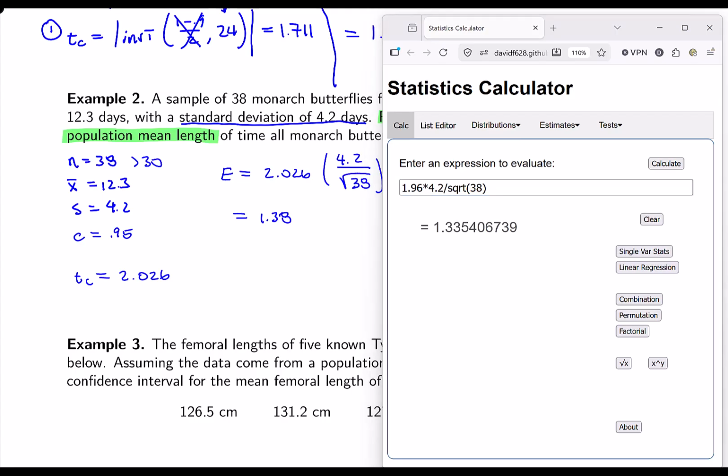This would round to slightly different values, but it's possible that if I was using a sample of 50 monarch butterflies, these wouldn't even round any differently. But there is always going to be a slightly wider interval using the t-distribution. Just good things to keep in mind conceptually here.